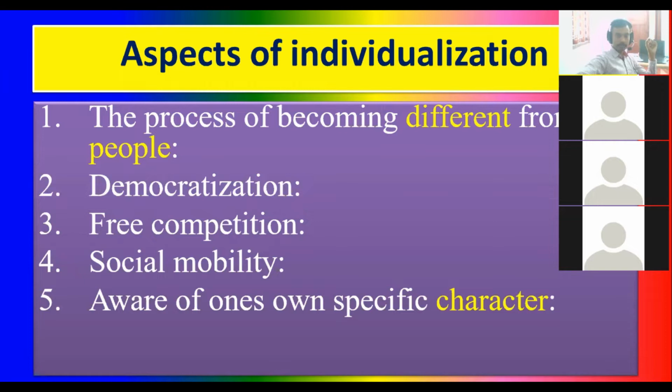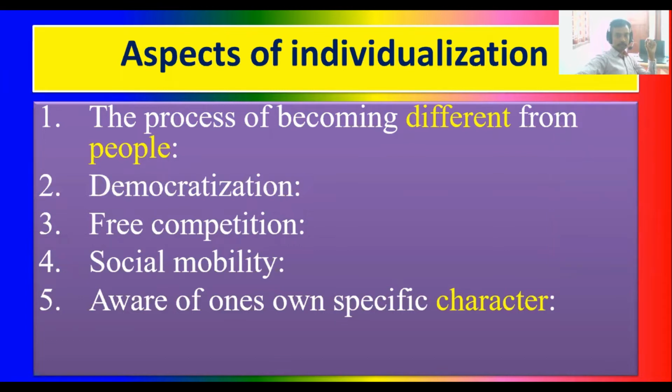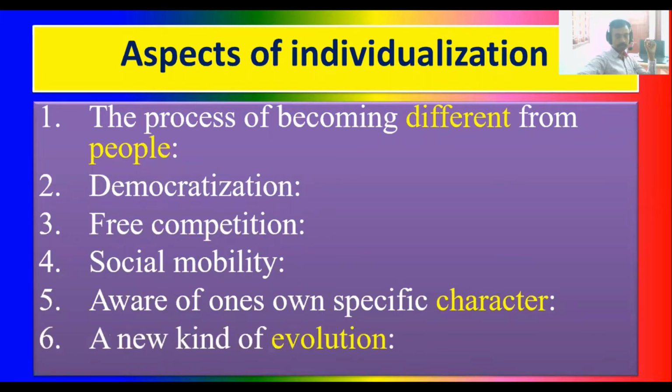Fifth one, awareness of one's own specific character. Character means personality. Each individual's personality is concerned with the phenomenon of individualization. Sixth one, a new kind of evolution. Evolution means development from lower to higher, gradually developing.